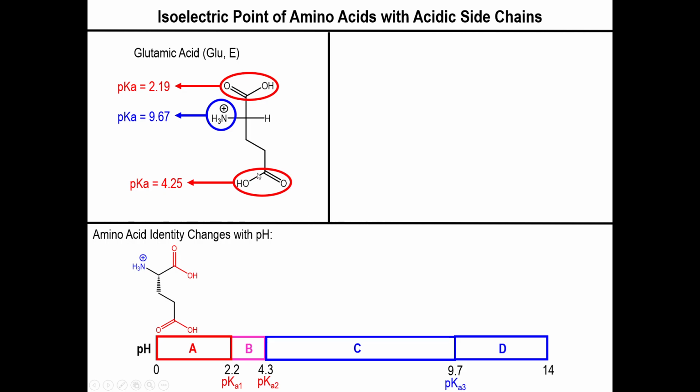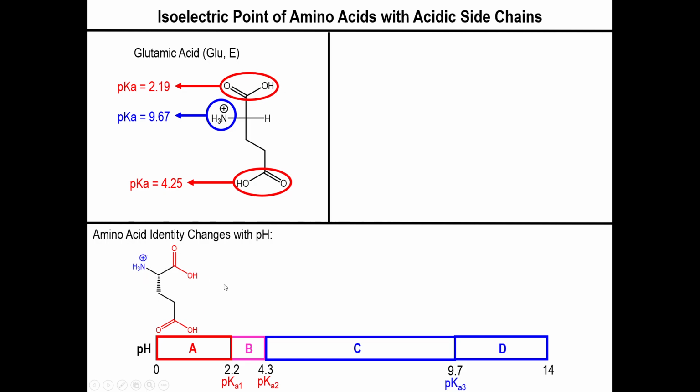Now, as far as the identity of the molecule, the most acidic boundary, the one where we're below the lowest pKa, will have all the carboxylic acids protonated and neutral. At the same time, we will have all the amine groups, all the basic groups for that matter, protonated and positively charged.